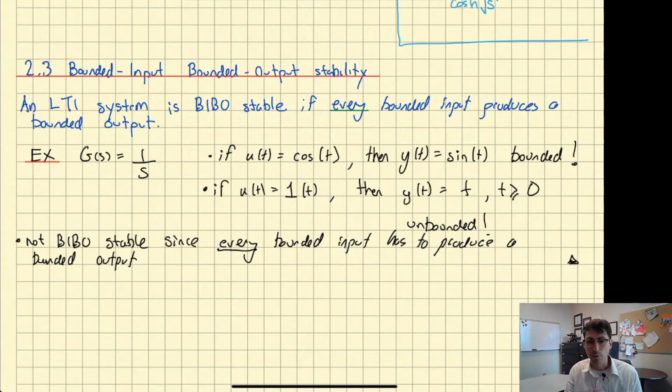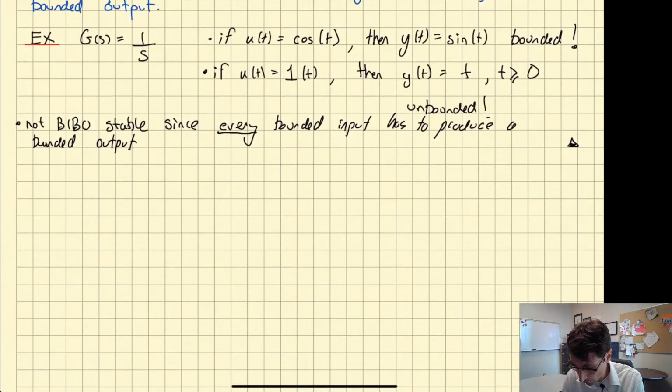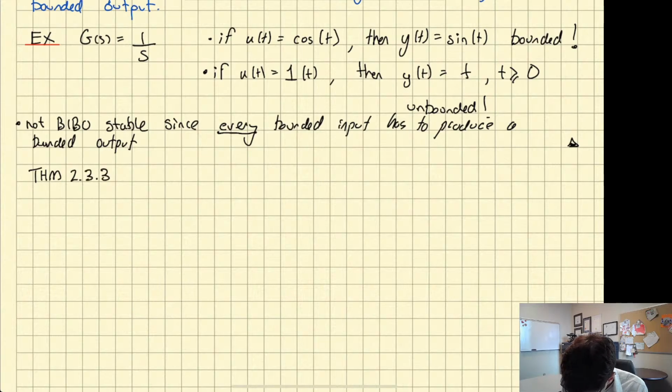Now, how do we test for bounded input, bounded output stability? You've seen this before. I'll remind you. I'll just state it as a theorem. But basically, as you know, it comes down to the poles of the transfer function. So theorem 233.